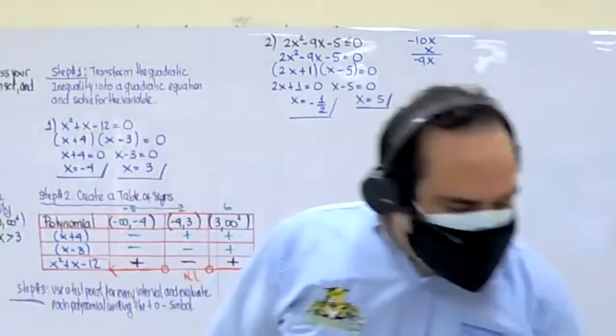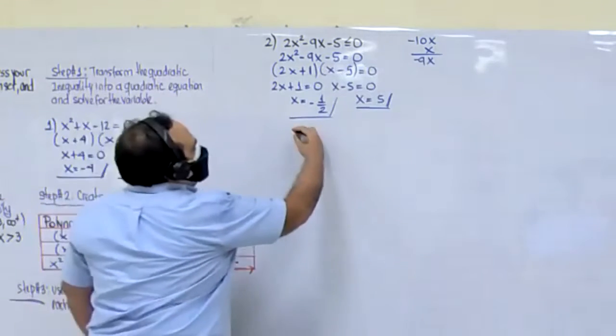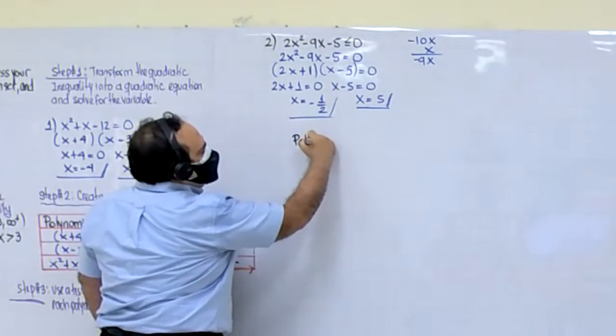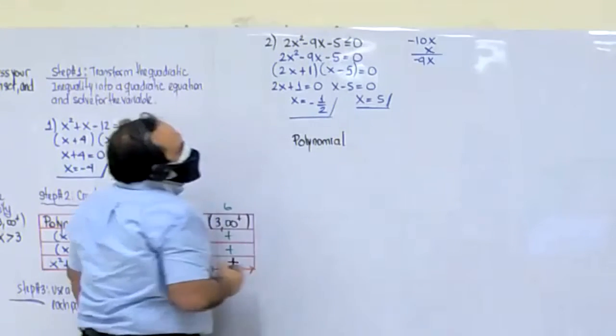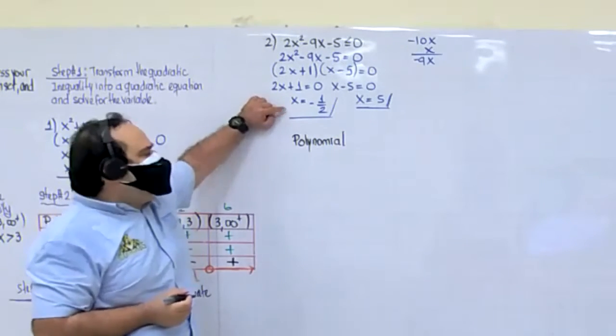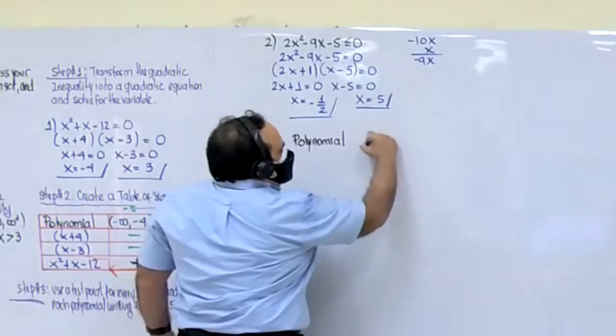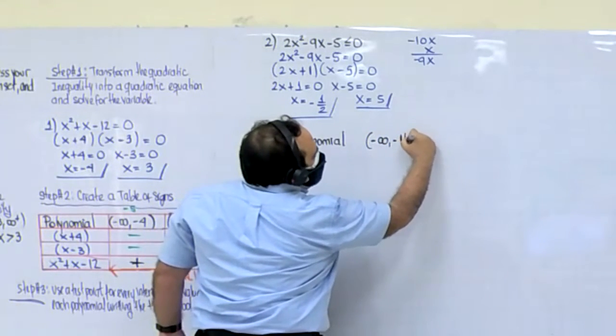Remember, step number 2, create the table of signs. The first column will be given by the polynomial. The second one, we're going to start with the smaller one, negative 1/2. So negative infinite, comma, negative 1/2.